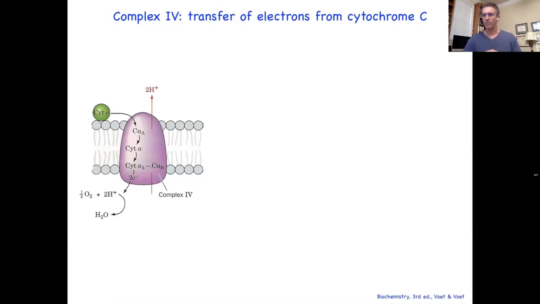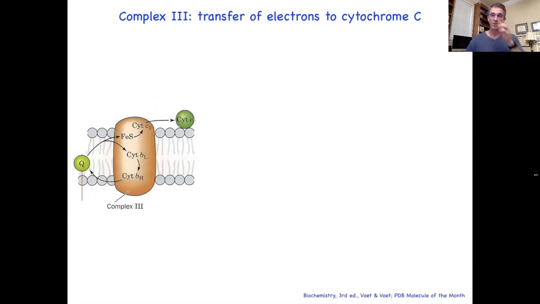Okay, so just as a quick review, complex 3 has pumped some protons, they're chemical protons, right? Complex 1 pumped protons, both by taking up protons out of the matrix as we formed reduced coenzyme Q, and also, remember those 4 proton pumps, it pumped protons. So it has structural protons it's pumping, and it's taking up chemical protons.